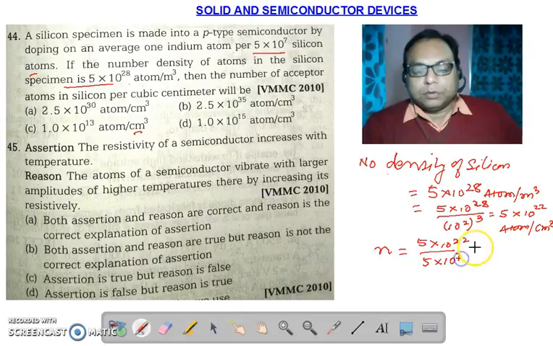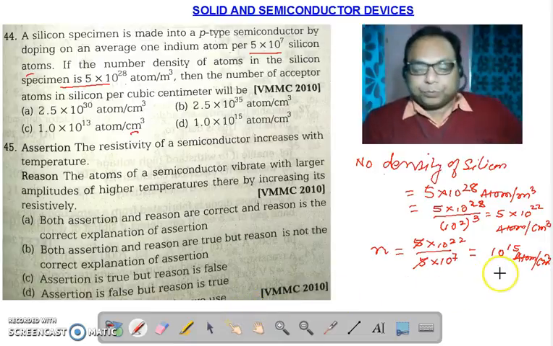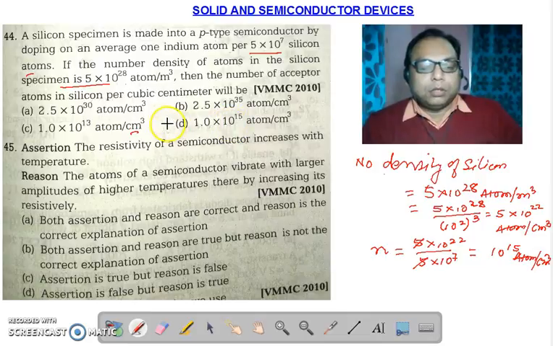By solving this, this 5 will get cancelled, this 5 will get cancelled, and the result would be 10 to the power 15 atoms per centimeter cube. So 10 to the power 15, D is the correct option for this.